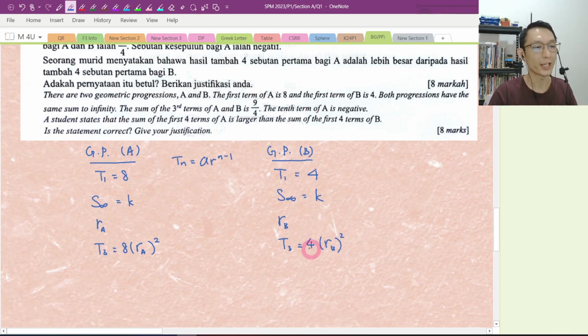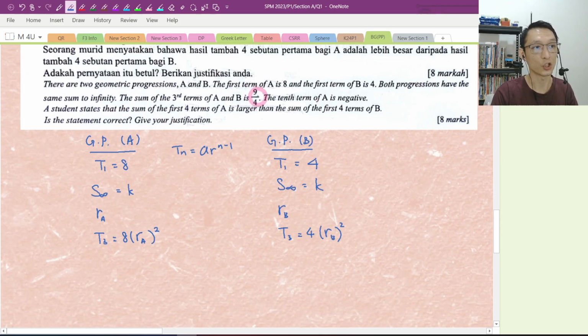So we know that these two add up together is equal to 9 over 4, which is given by the question. So 8 times R squared, this is the common ratio for GPA, plus 4 times R squared, this is the common ratio for GPB, equals 9 over 4.